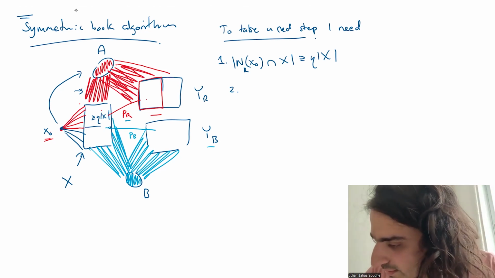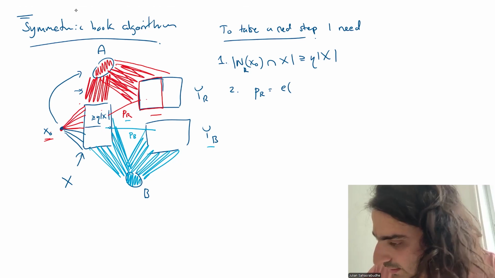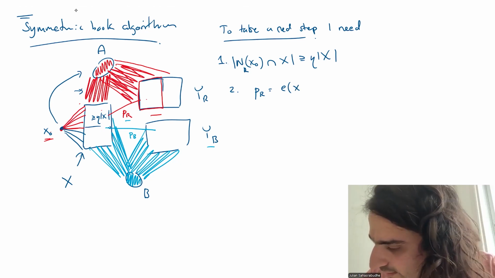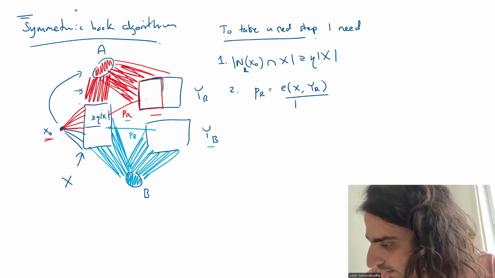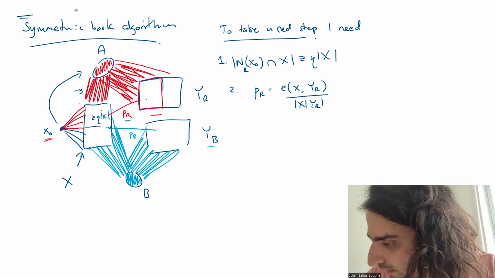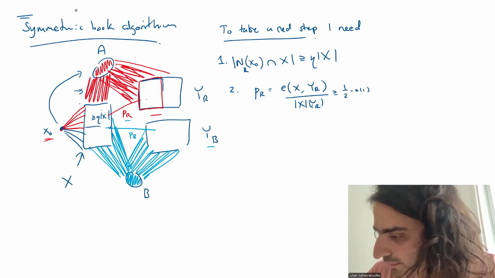So the density across, I'll write it so everyone is clear on this: x y r divided by x y r, this is not too much below 1/2.